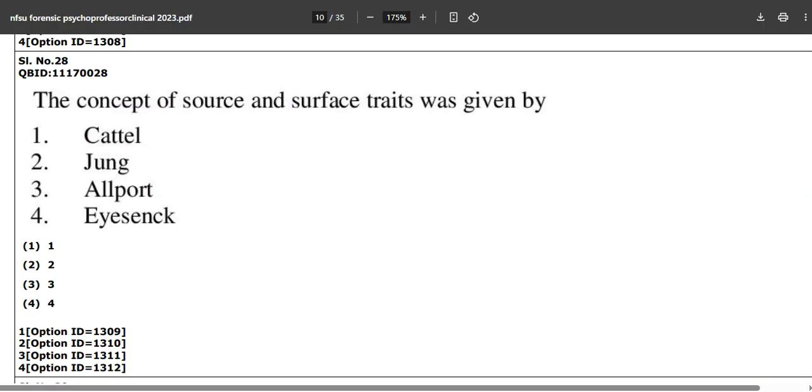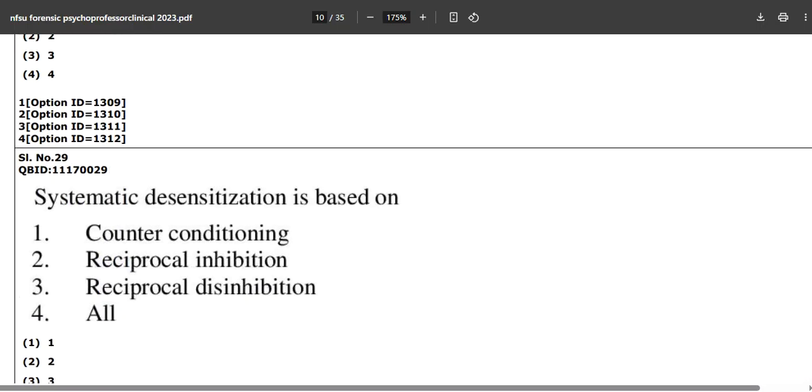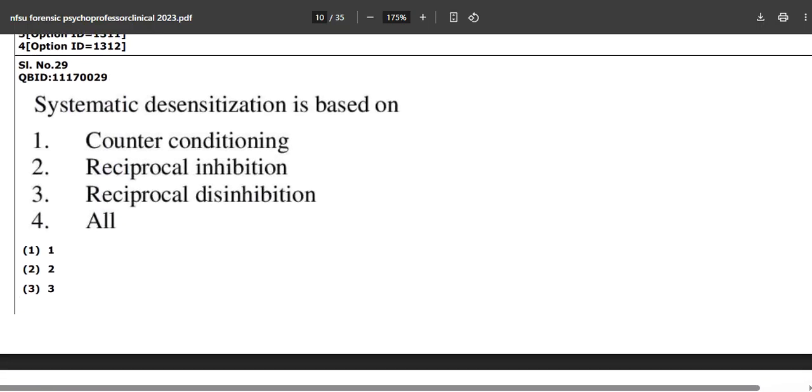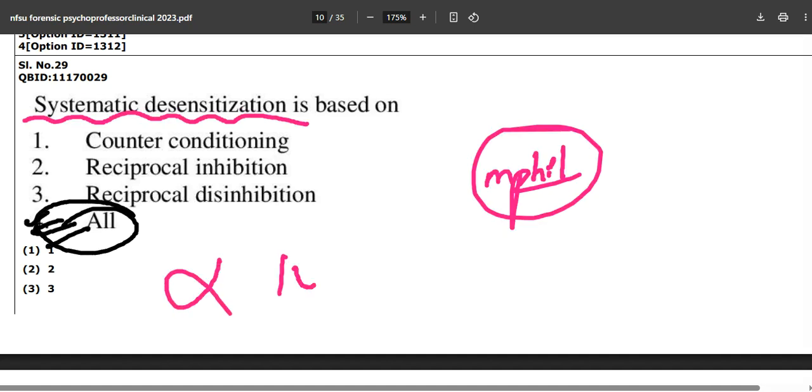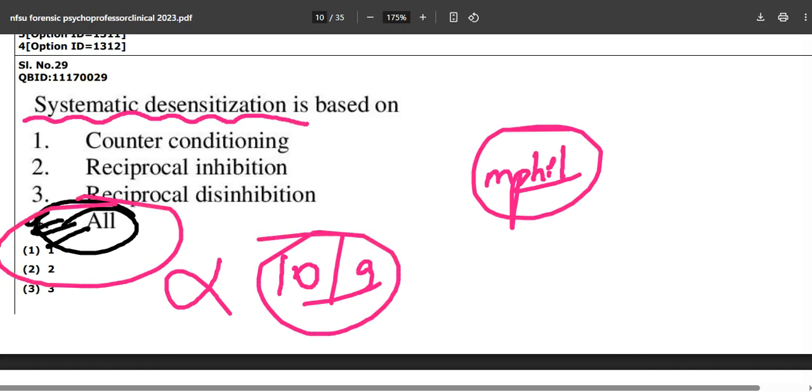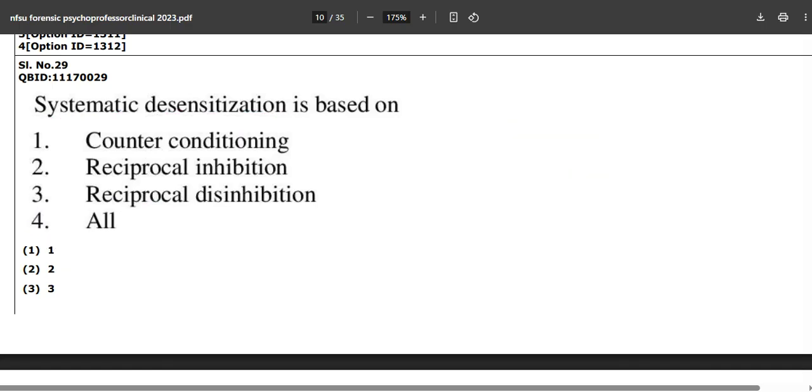That is question number 29. Systematic desensitization. Now this is one of the most favorite questions of your MPhil entrances, or clinical psychology, or forensics. Systematic desensitization is based on. What do you think you will answer? You will answer all of the above? Yes, 9 out of 10 times the answer will be all of the above, but not every time.